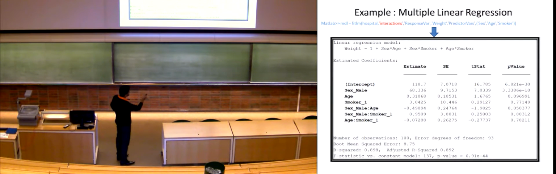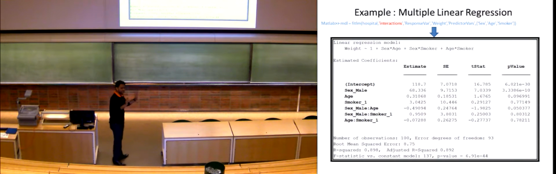That's why the degree of freedom has reduced from 96 to 93. And R square is 0.89. If you see the p-value, it's the same as before, that being male is significantly contributing to the weight prediction. But if you look closely, the gender and the age interaction is also significant.